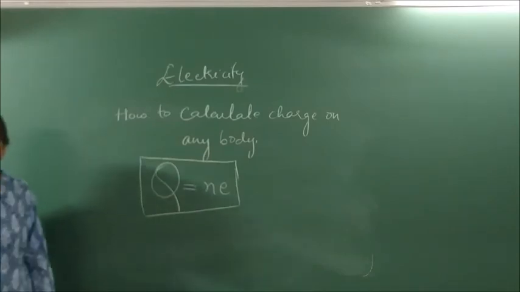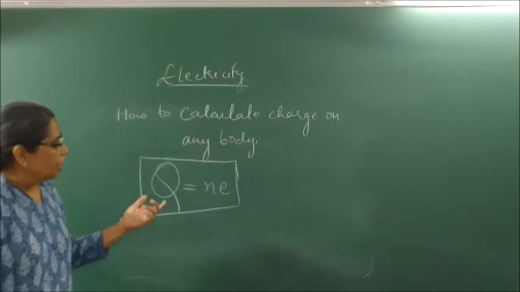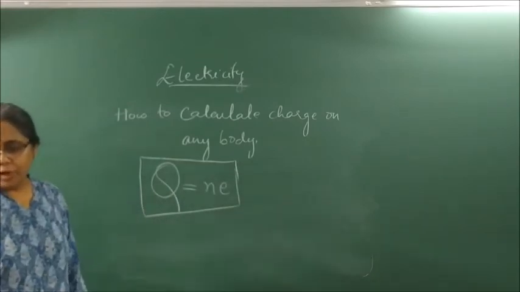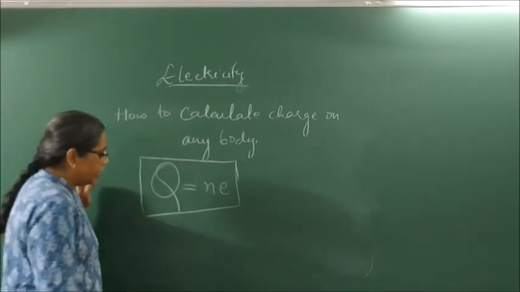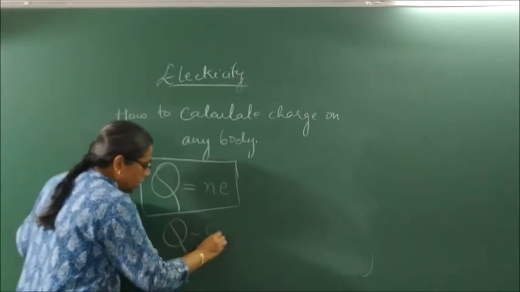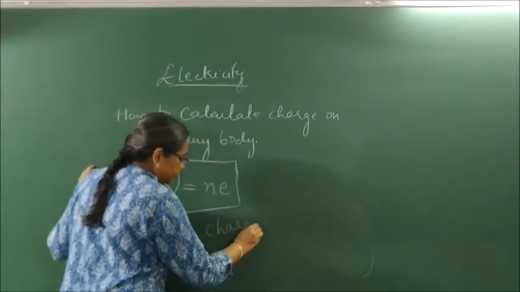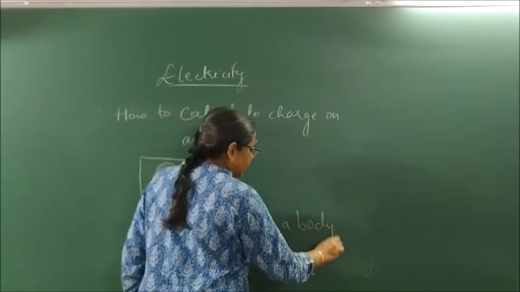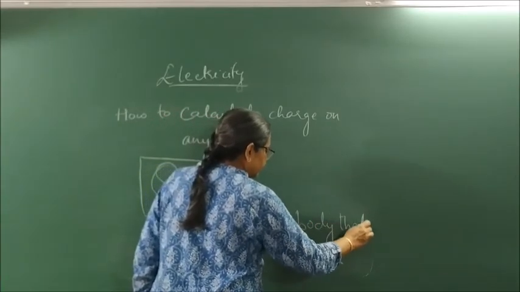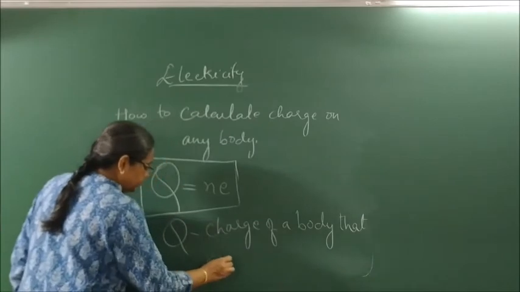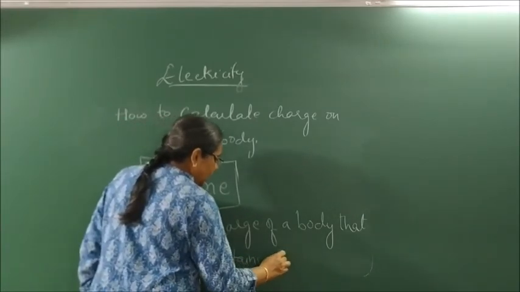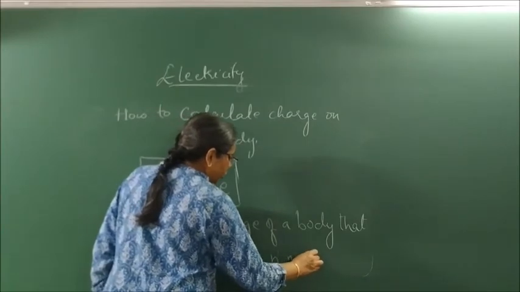Where what is Q? Please write. Where Q is charge of a body that contains n number of electrons.